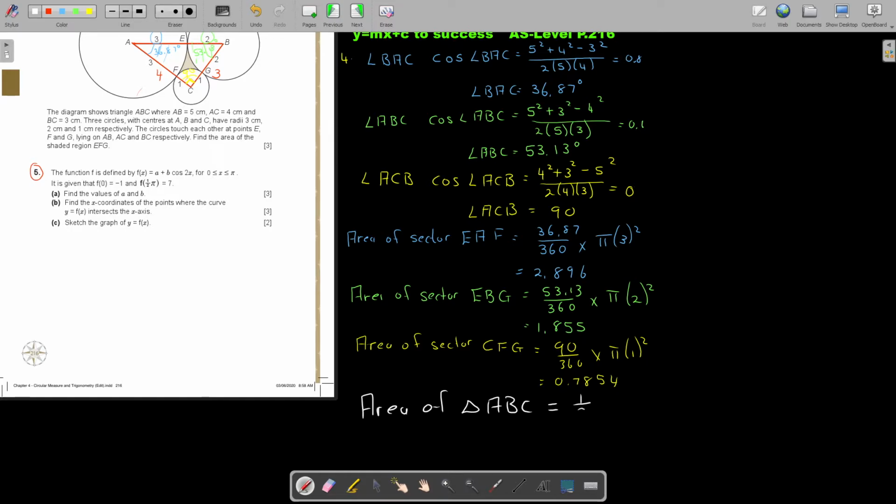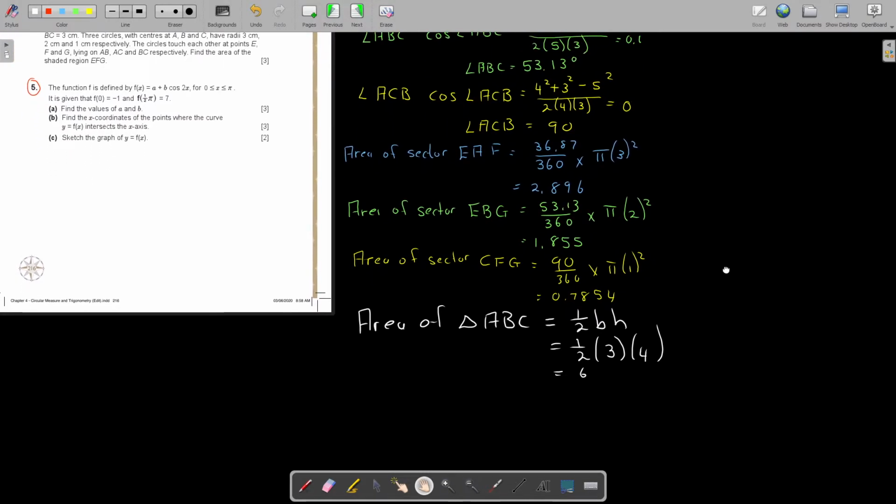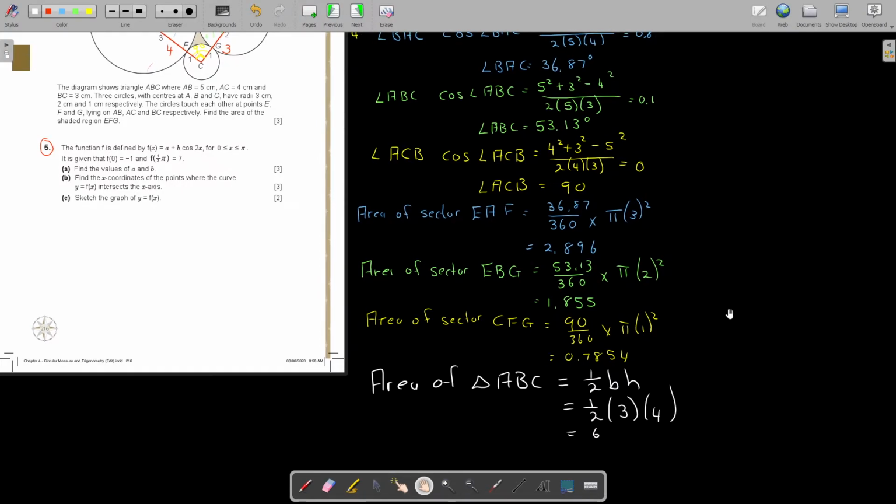But it's just half base times height, because there's a 90. So that's your base, your height. Otherwise, I could have used ordinary trigonometry. But there's a 90. So let's just work. And I'm going to get 6. Okay, centimeters squared.